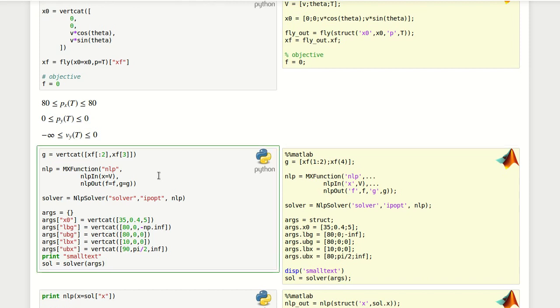Next, we need to create an NLP function, which is just another function with an I/O scheme that is given beforehand, like the NLP in, NLP out scheme. So x in this case is all decision variables, f is the objective, and g is the constraints.